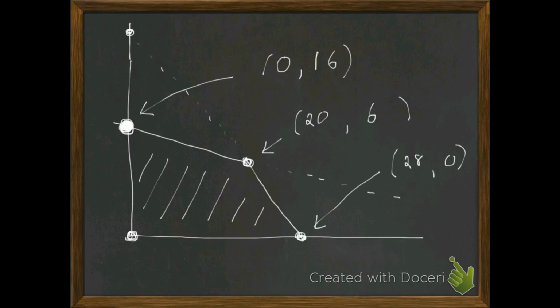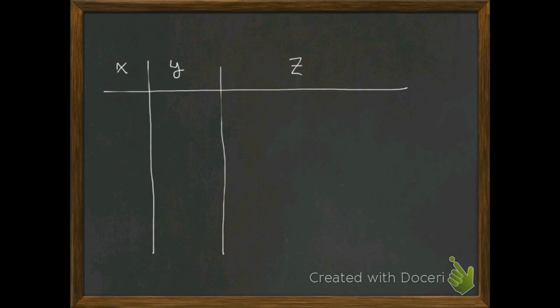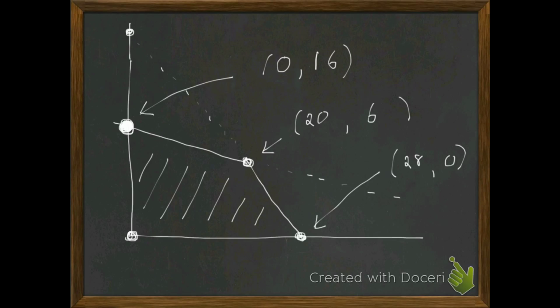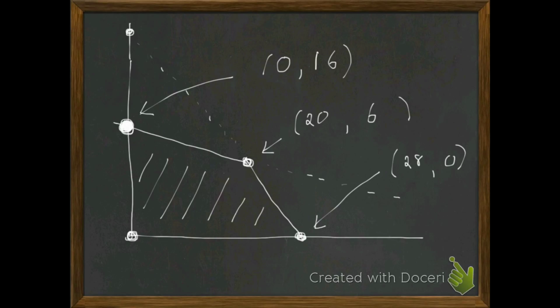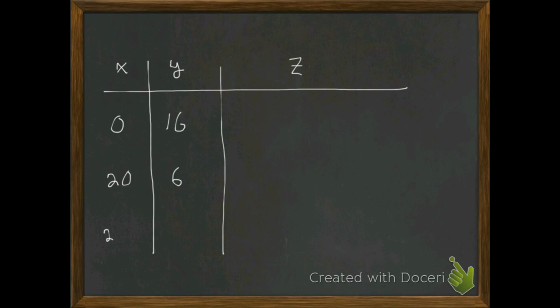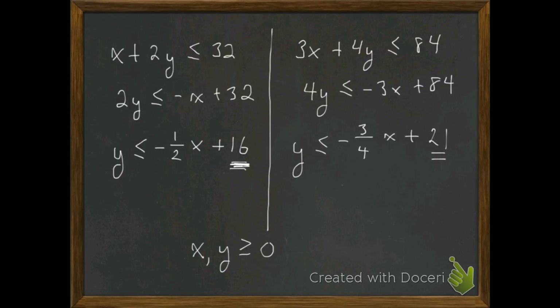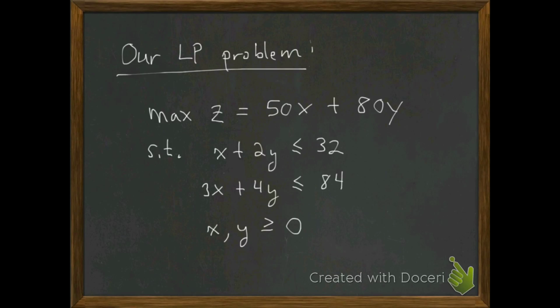So our x and y's are 0 and 16, 20 and 6, and 28 and 0. Our objective function from way back when is 50x plus 80y.